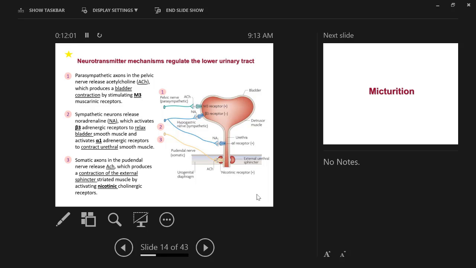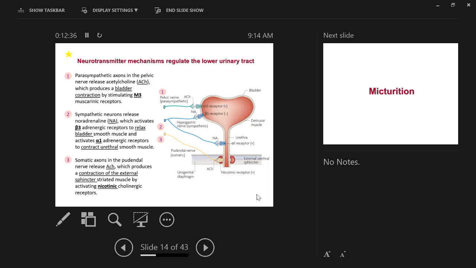That's the parasympathetic system. And the next one is the sympathetic nervous system. There are two branches, so you have to remember two things. The first one goes to the bladder, and noradrenaline is released and binds to beta-3 adrenergic receptors on the bladder. That stimulation causes relaxation of the bladder. That's why it says minus.